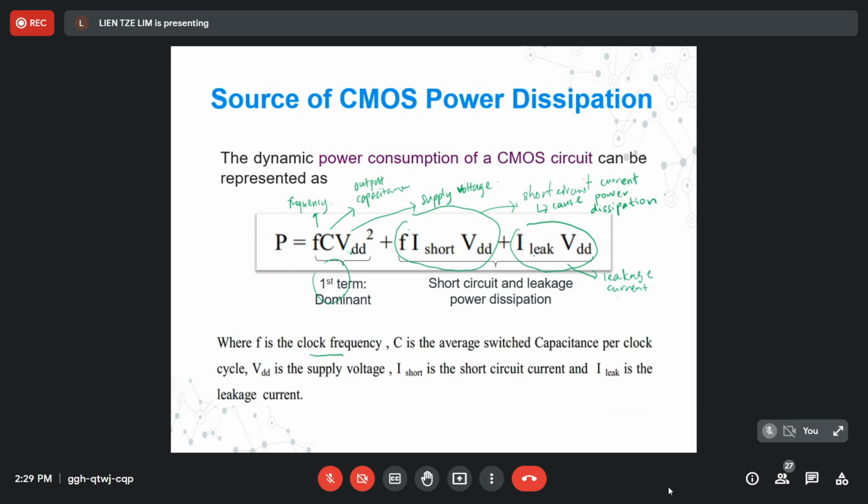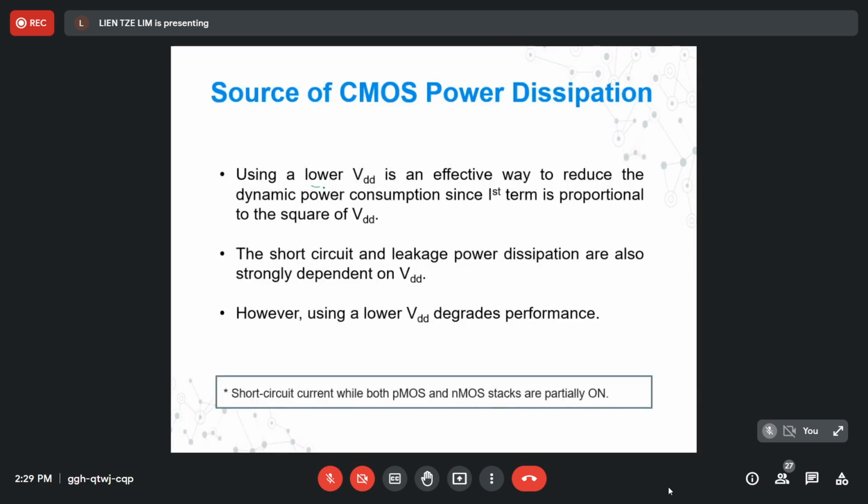When the supply voltage is high, the power dissipation will also be high. So it is important to ensure a lower VDD so that the power dissipation can be reduced. The short circuit and leakage power dissipation are also strongly dependent on VDD.